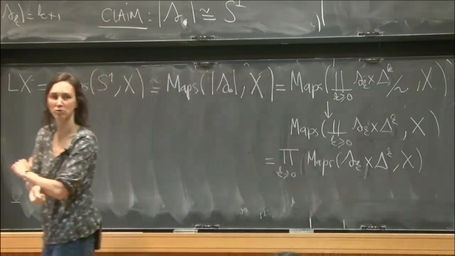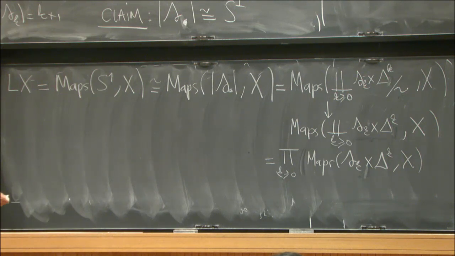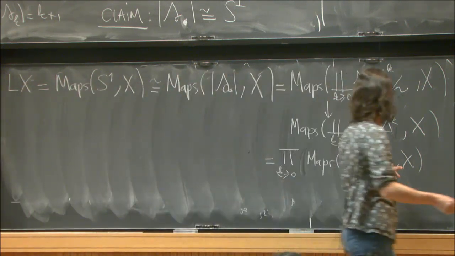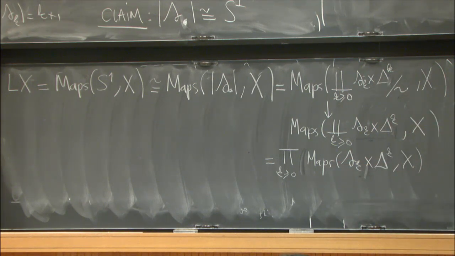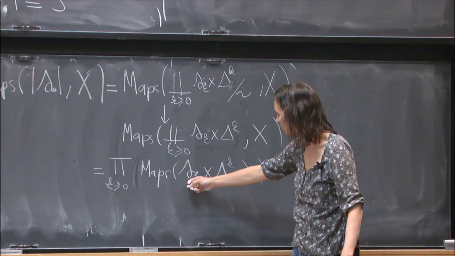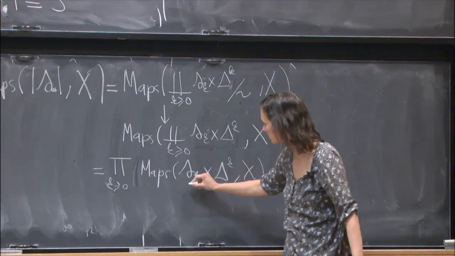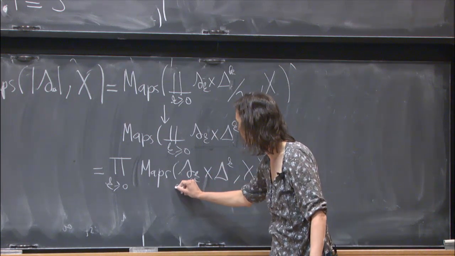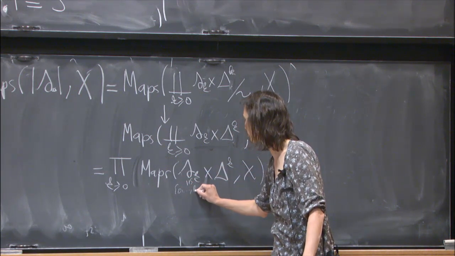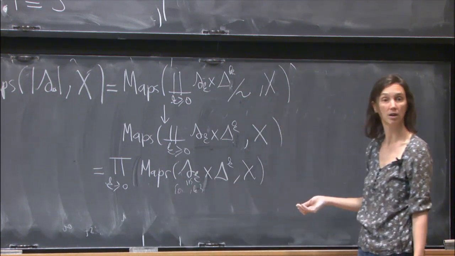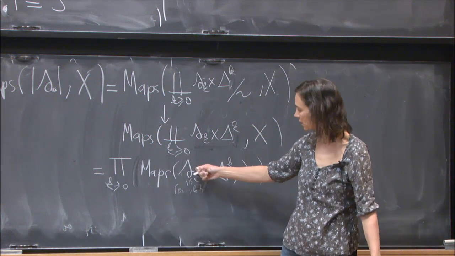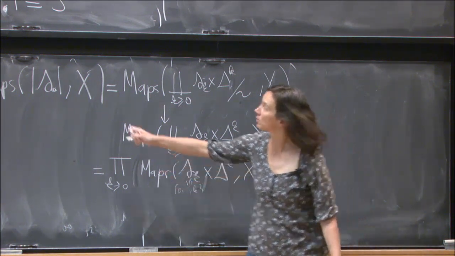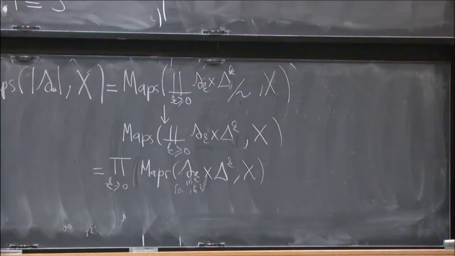I used to be afraid of products. You get used to them. Okay, so for every k, I give you a map. And, well, what is this? This is isomorphic to the set 0 up to k plus 1, k, right? It's k plus 1 elements. Yes, we've just said this. We forget everything about everything. We just remember what it is. It's a set of k plus 1 elements.